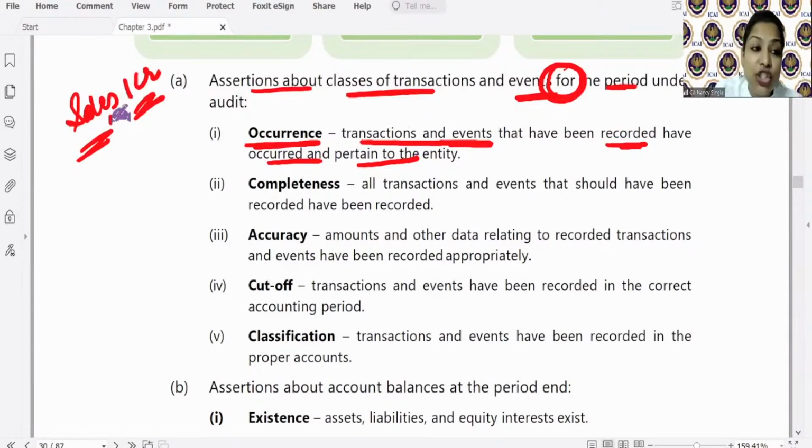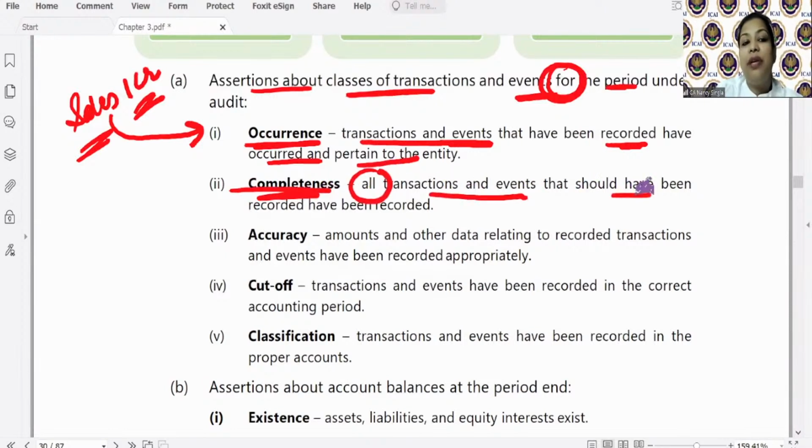That such sales of 1 CR have actually occurred and they pertain to the entity. Completeness: all transactions and events that should have been recorded have been recorded. Management is saying this. Accuracy: amounts and other data related to recorded transactions and events have been recorded appropriately.